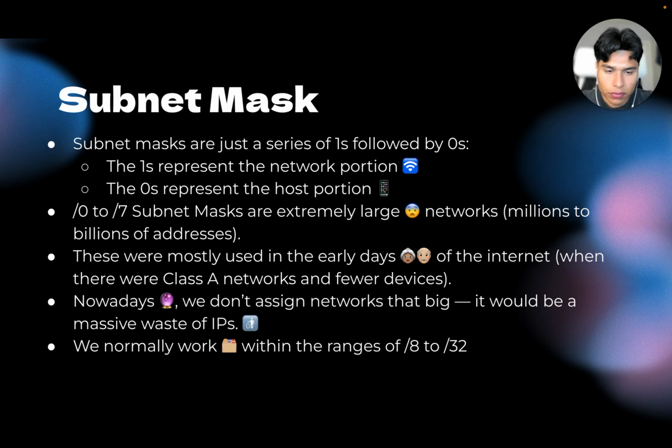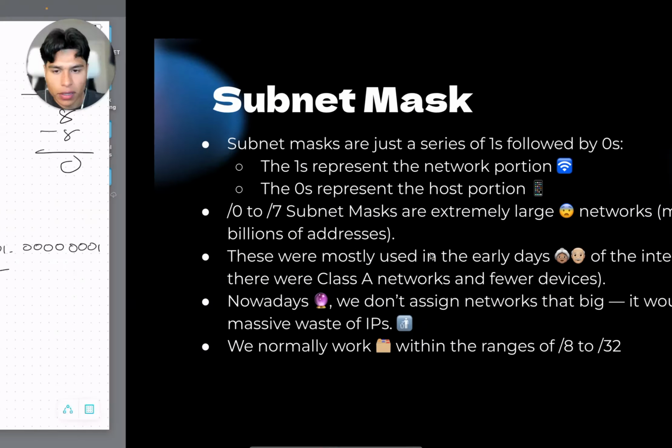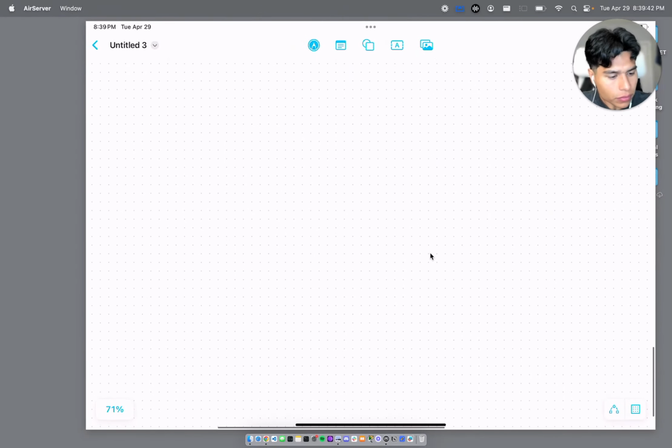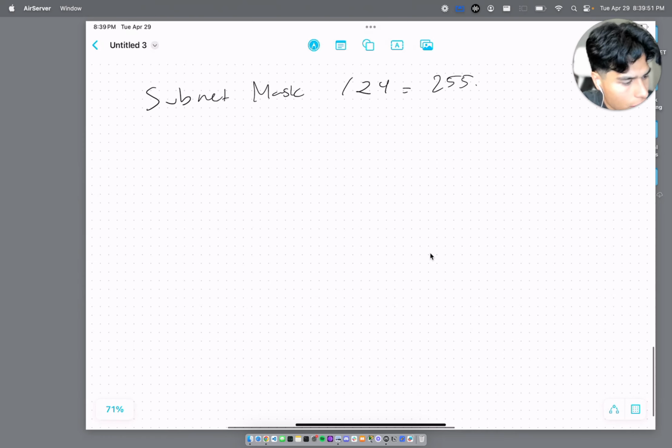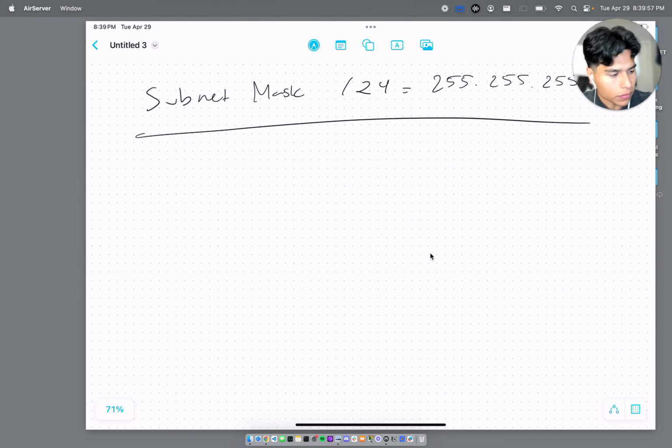So let me go back here. We have the subnet mask /24, right? And that's the same thing as 255.255.255.0. Subnet masks are just ones followed by zeros.